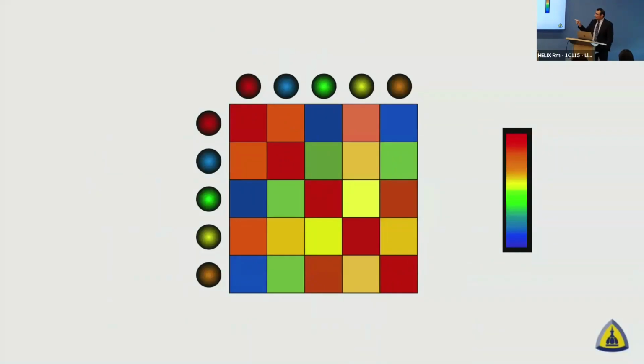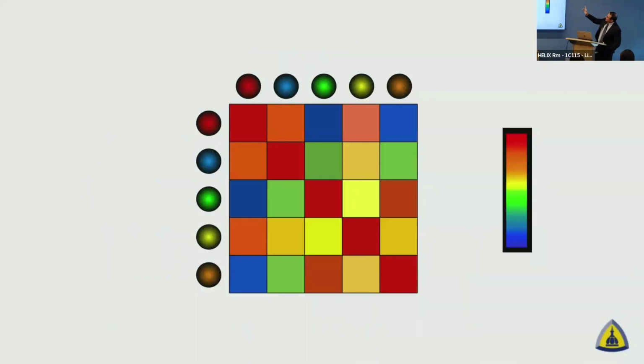So now this color-coded image shows you in a snapshot 5 regions of the brain and how they're all related to each other. This is pretty powerful already, because now you can tell very quickly that red, blue, and yellow are probably going to be somewhat more related to each other than, for example, green and red and orange.